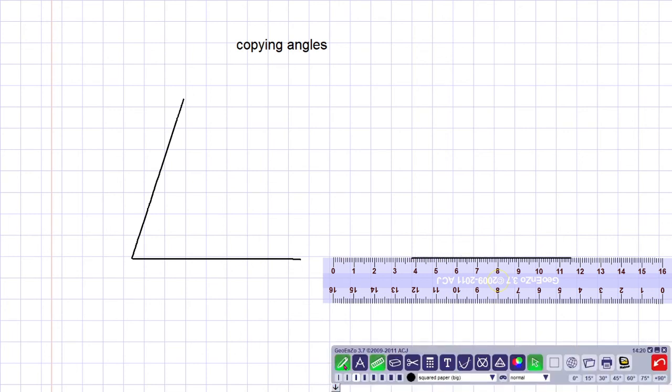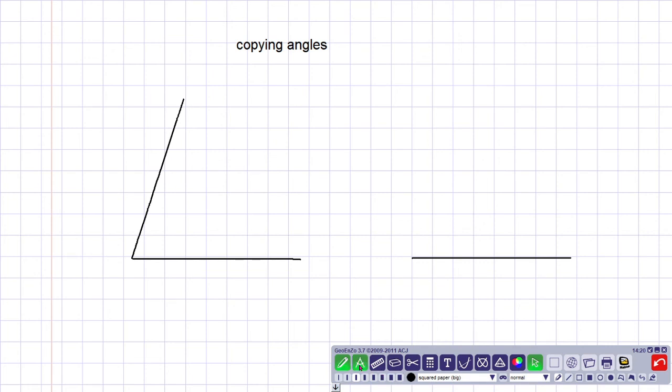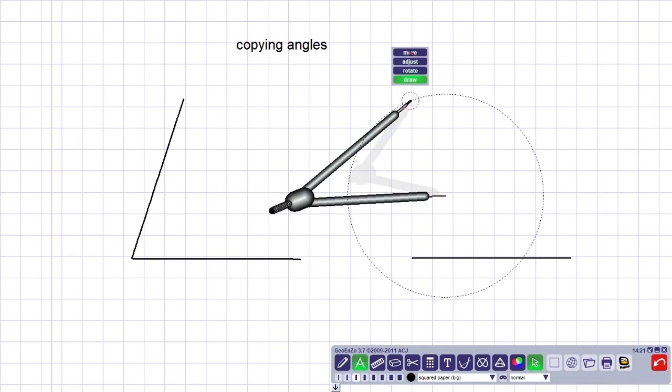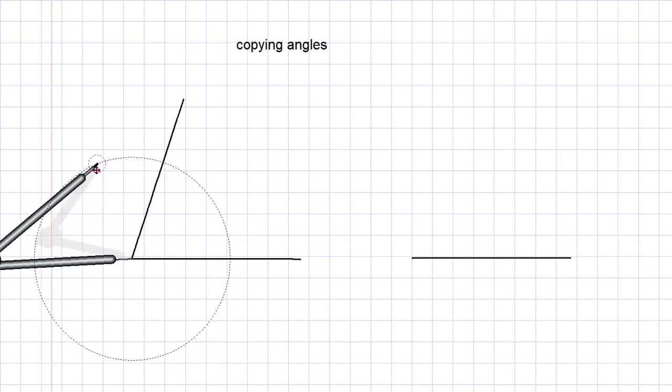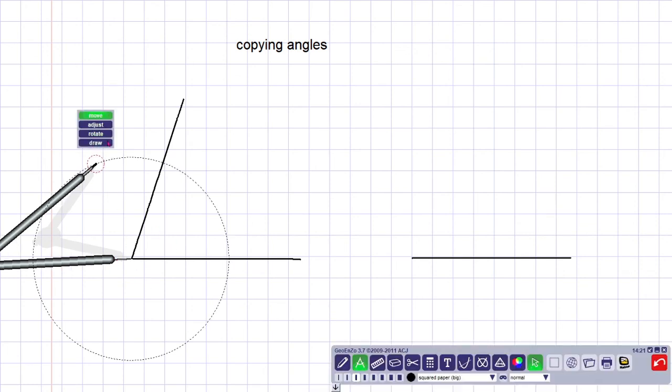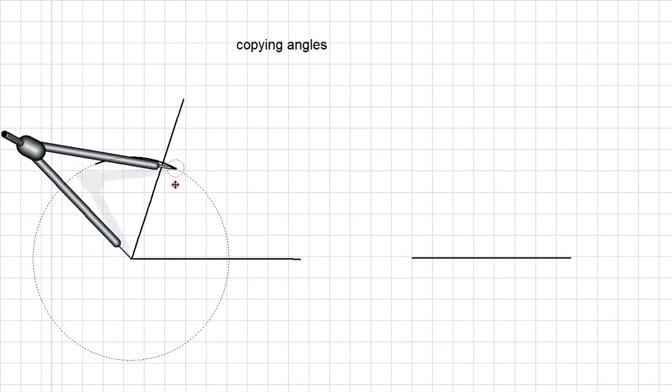Okay. After that, take the compass and we have to draw an arc. Keep the compass on the vertex of the previous angle here and draw an arc this way.